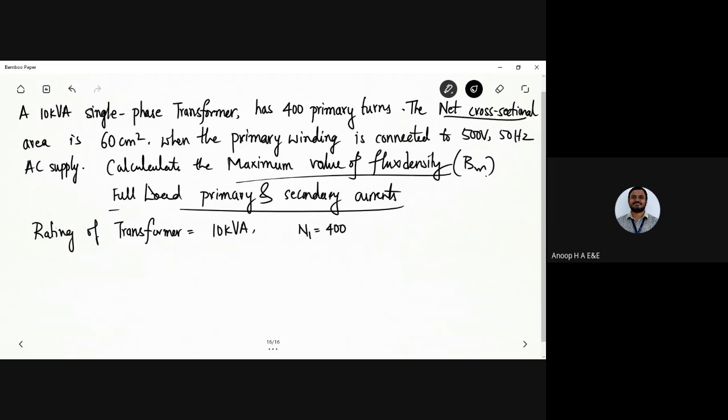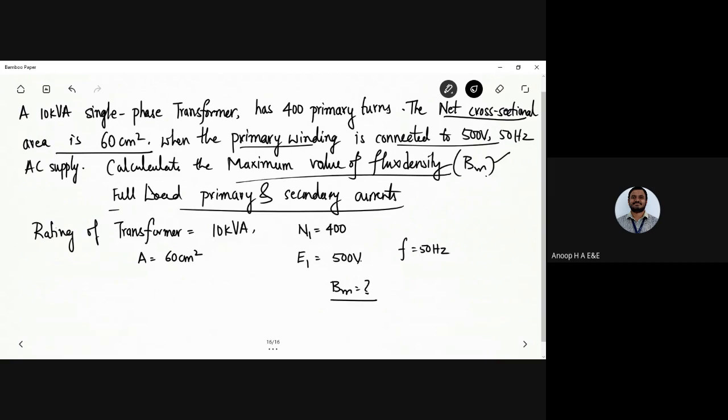The net cross-sectional area is 60 centimeters squared. So when the primary winding is connected to 500 volt, that is E1, and the frequency is 50 hertz, what is the value of the flux density? So what is Bm?